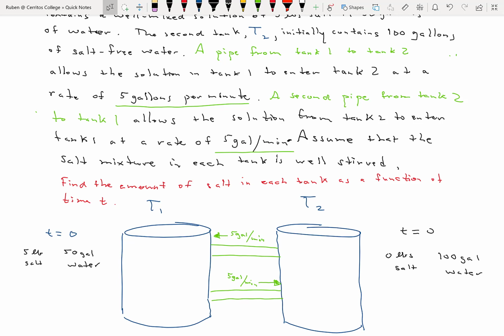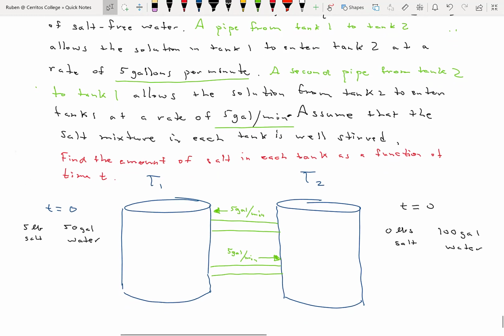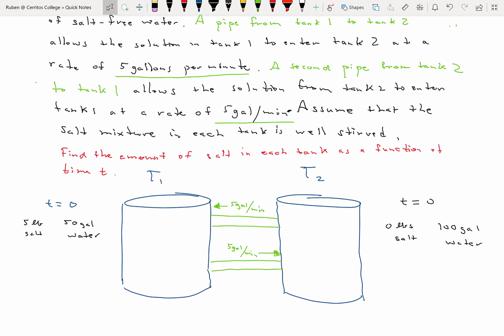Okay. Assume that the salt mixture in each tank is well stirred. So as all this is happening, we're sort of shaking the tank so that everything stays mixed real nicely as time goes on. The problem is to find the amount of salt in each tank as a function of time.